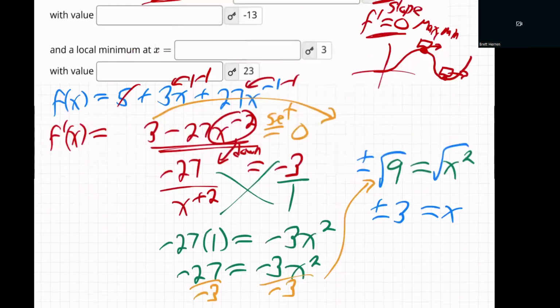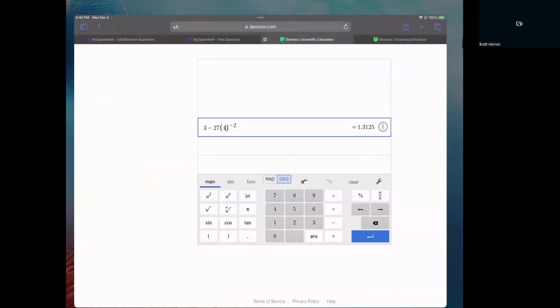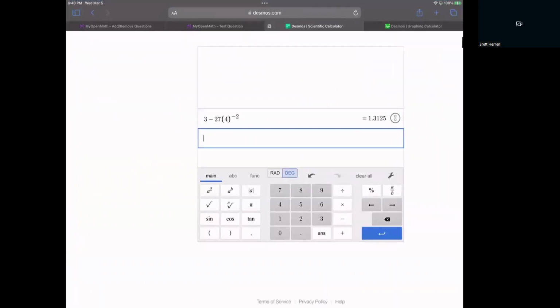And then the other thing is they want the value. So that means they want you to plug into the original function. Let me plug into the original function. So they want the value means from the original function, not the derivative. So I'm going to go to Desmos and plug in negative 3 and then 3. A lot of Desmos usage here.